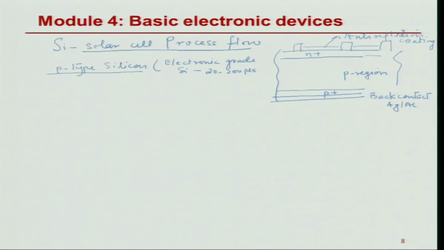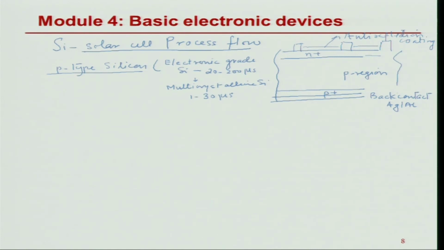So one can change that to a multicrystalline silicon, and one takes a hit on the efficiency and also on the minority carrier lifetime, which goes maybe in the range of 1 to 30 microseconds.